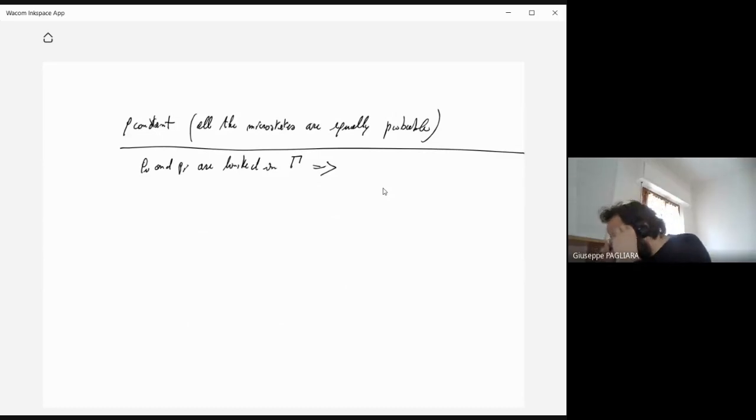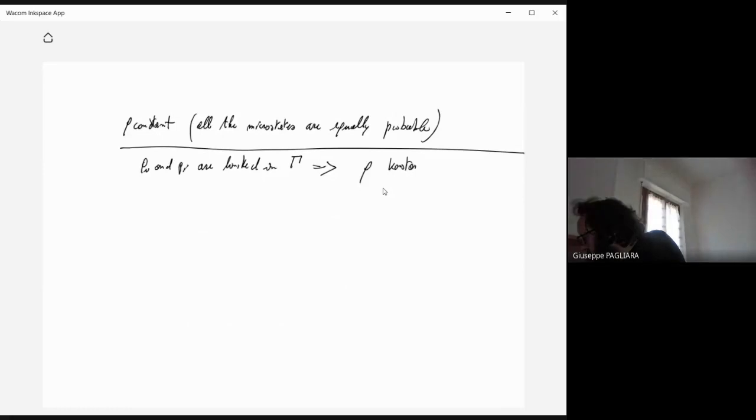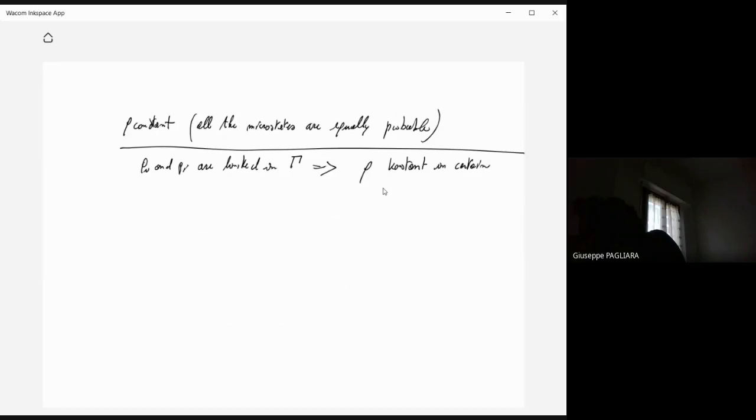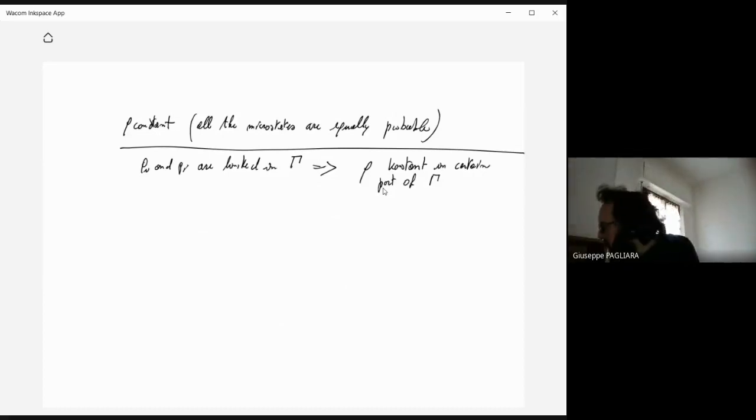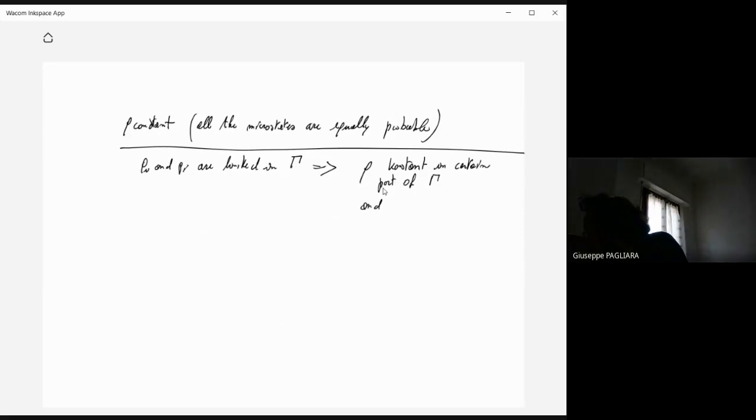Therefore, rho is constant in a certain part of gamma, and is a constant different from 0, and it is 0 outside this volume.